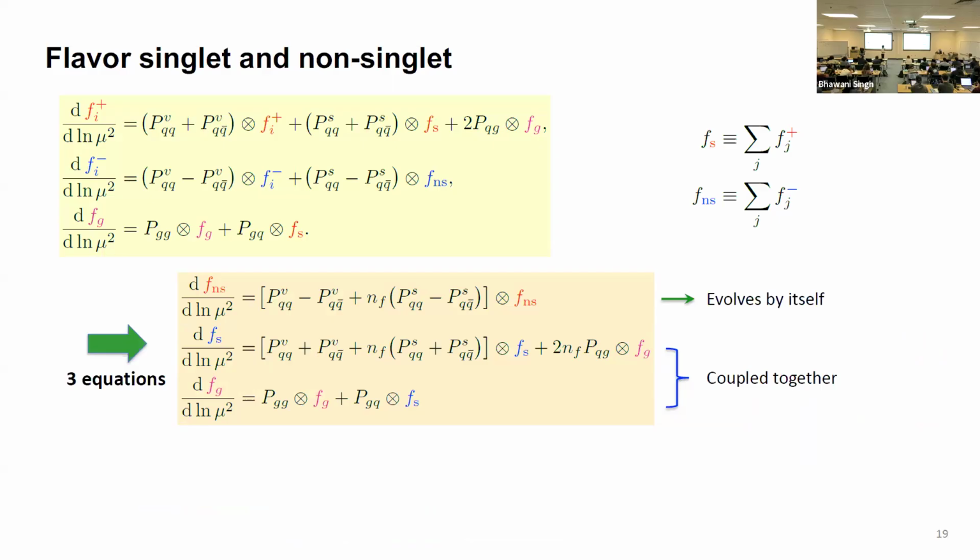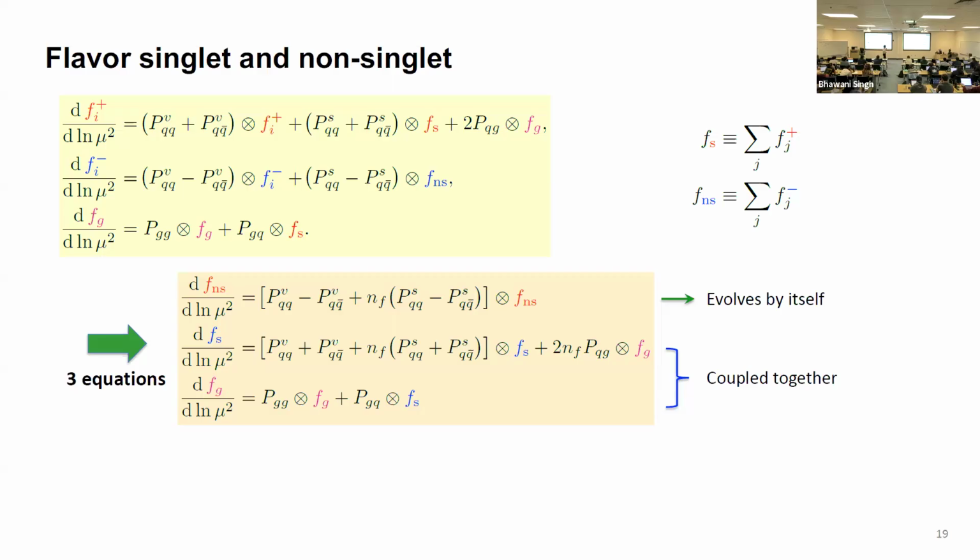I put the first row here in the second row. You see that by summing over i, the left-hand side gives you F singlet. And this one gives you a singlet. And this term is already a singlet. So summing over itself N_F times gives you a factor of N_F, times the same kernel. And for the last term, the gluon, similarly, you have a factor of N_F.